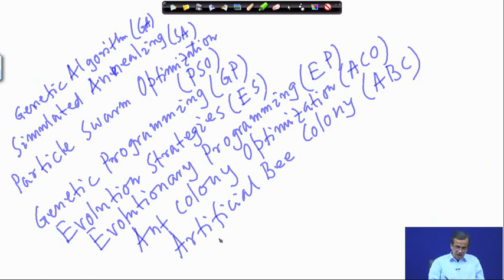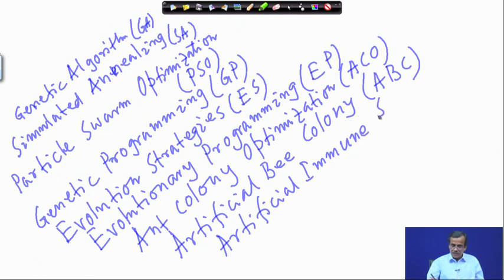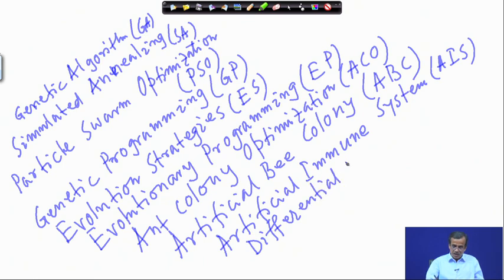Then artificial immune system, it is AIS. We have got differential evolution, DE.